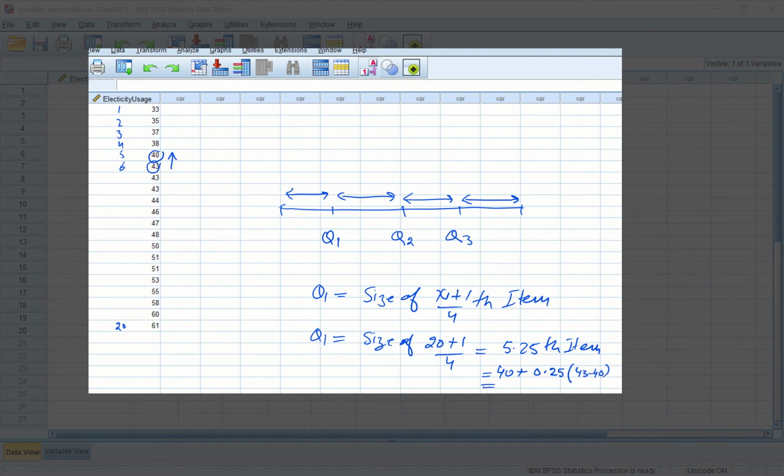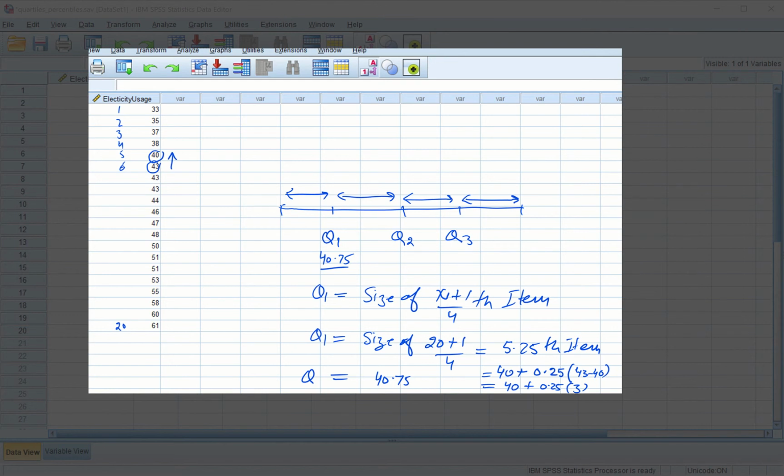So we get 40 plus 0.25 of 3, and here we get Q1 as 40 plus 0.75 units. So Q1 is 40.75 units of electricity usage.